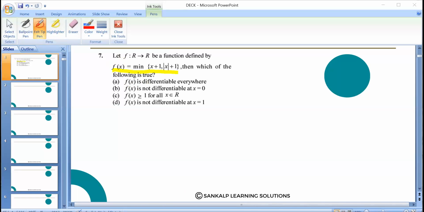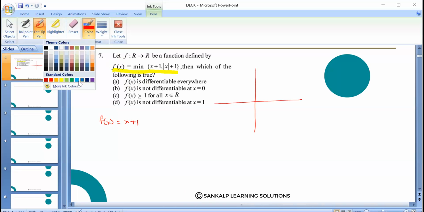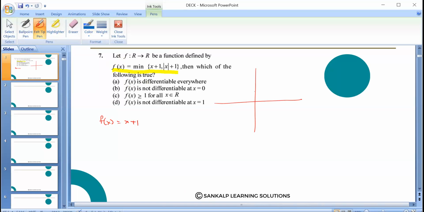So minimum means we will take f of x as x plus 1. When you draw the graph of f of x equal to x plus 1, when x is 0, y is 1. So 0, 1. When y is 0, x is minus 1.